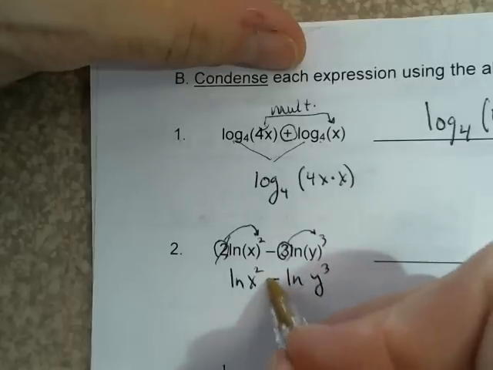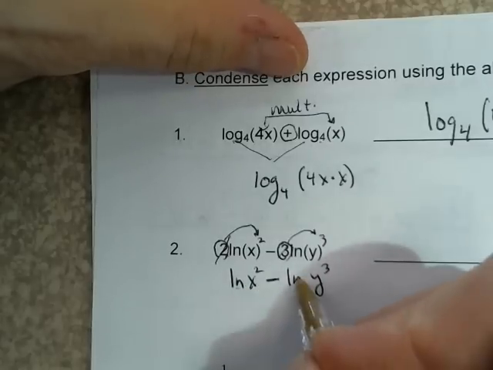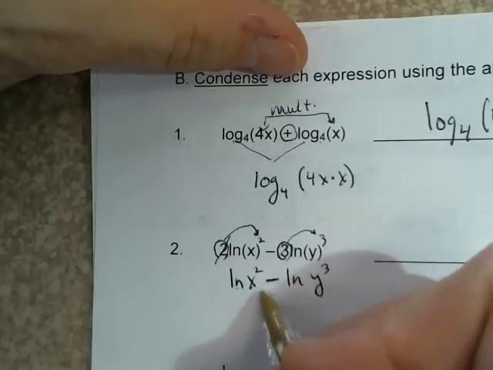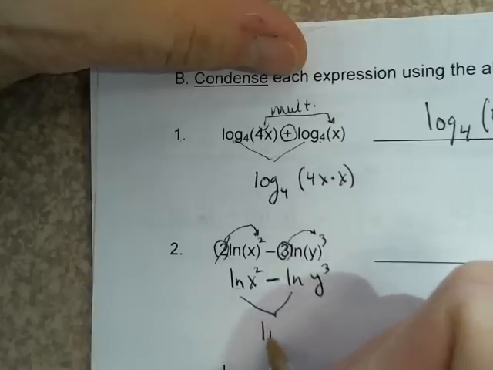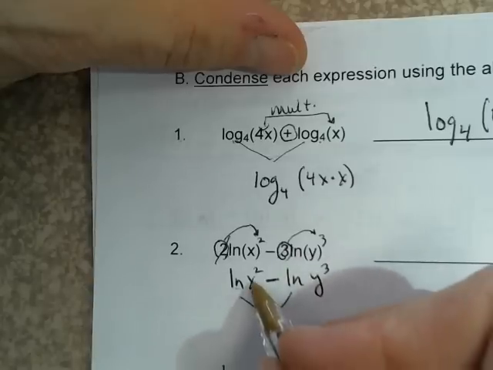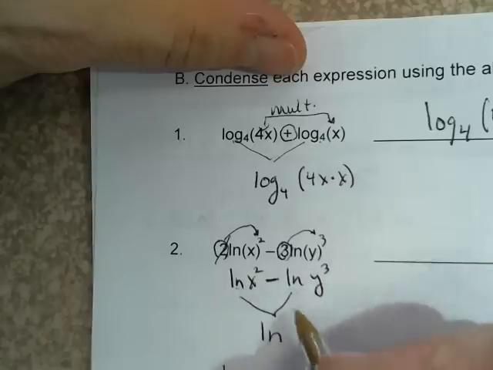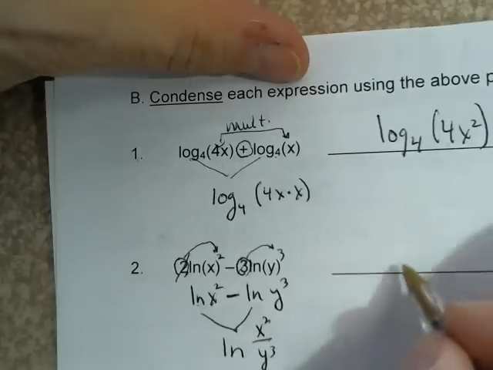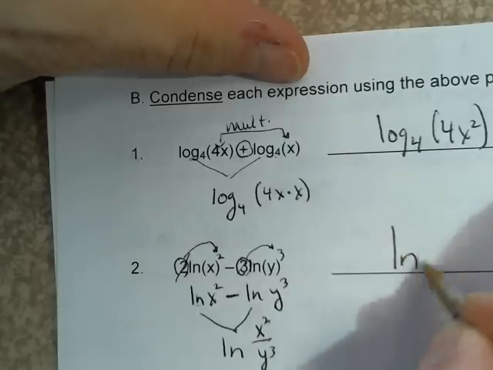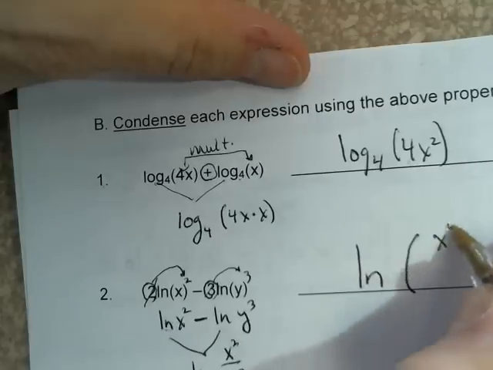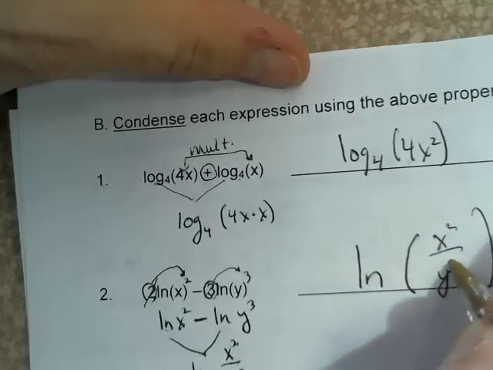And then the last thing we can do is we have two logs separated by a minus, so we're going to make those into one log, and we are going to divide because this is a subtraction. So this is x squared divided by y cubed, and that's the end of that. This is one log. The argument is x squared over y cubed.